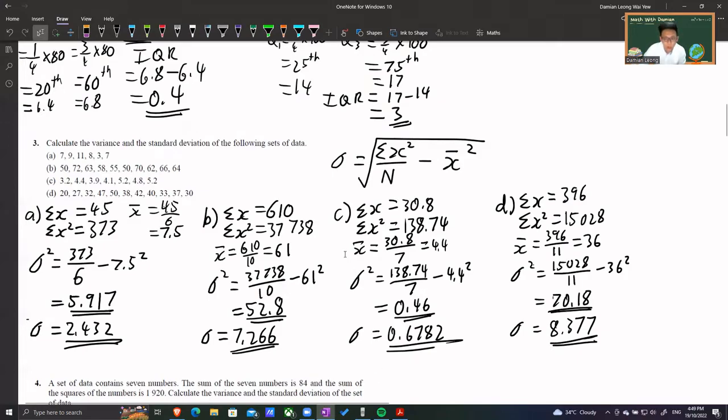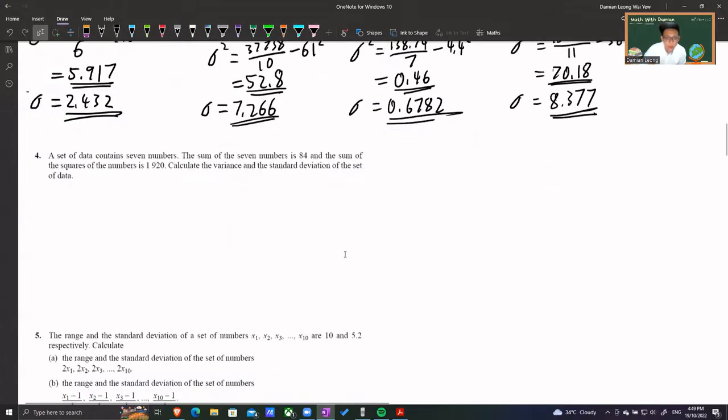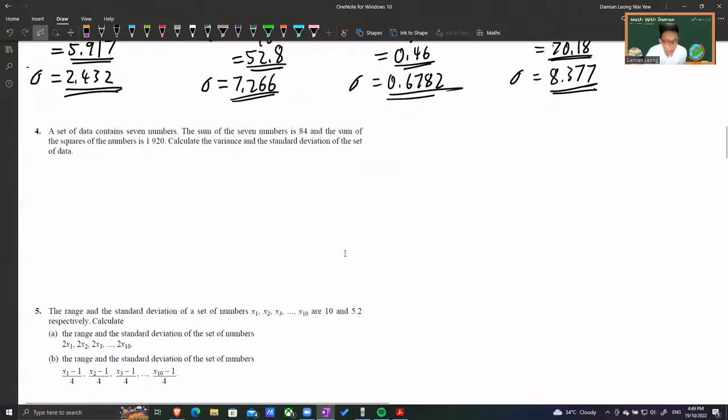That's question 3. So we move on to the next one, question 4. Variance and standard deviation as well. But now I'm not given all the values. I'm straight away given that there are 7 numbers, meaning n is 7.